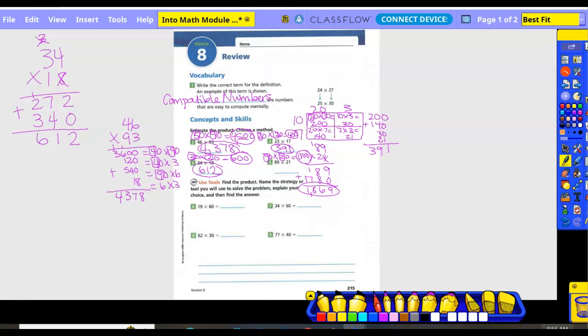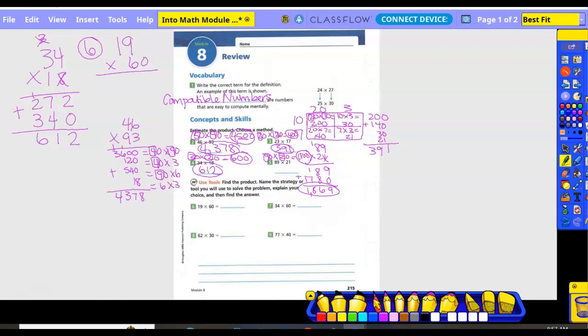So here's a little trick when you work these kinds of problems. I'm going to work over here so I have a little bit more room. So number 6 will be right here. So if I take 19 times 60, I'm going to pop that 0 out. Okay? So is it really in there with the place values? No, I popped it out to the side.